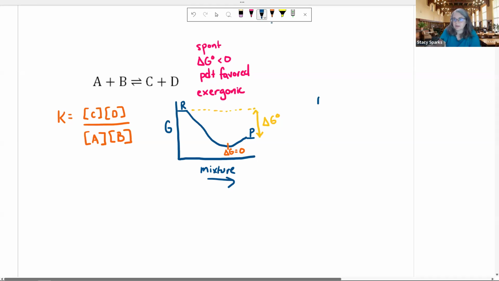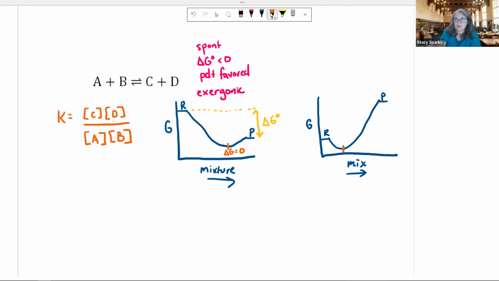We can look at the case where we've still got our mixture going to the right. We've got our Gibbs free energy, but now our reactants are lower than our products. We're going to see the same curve, but now it'll be reactant favored. That delta G equals 0, that equilibrium point, is closer to the reactant mixture.